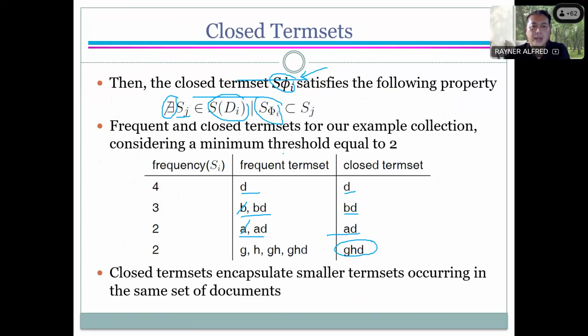So by having this, we only consider the calculation for the closed term set here. So the objective is to reduce the calculation.